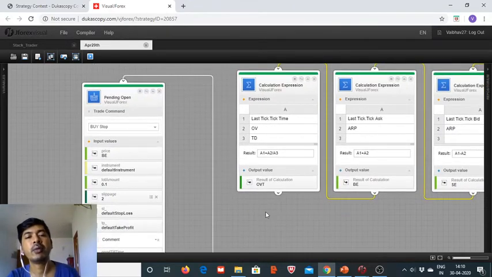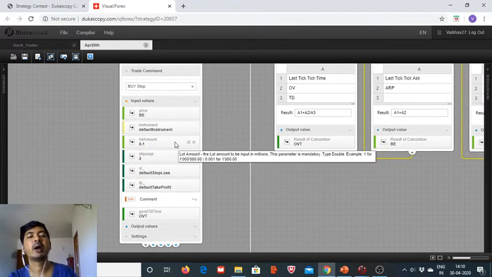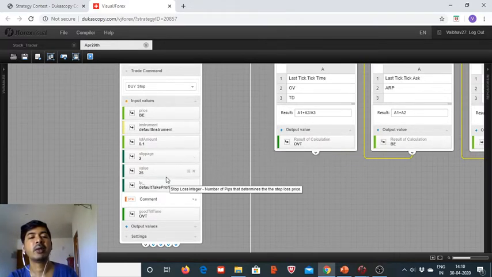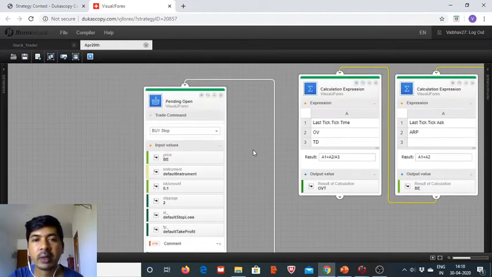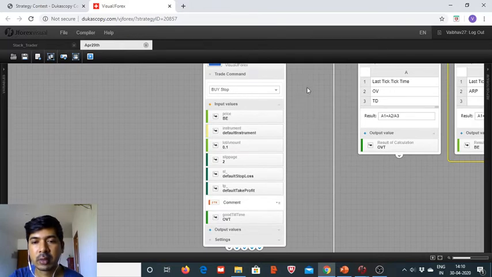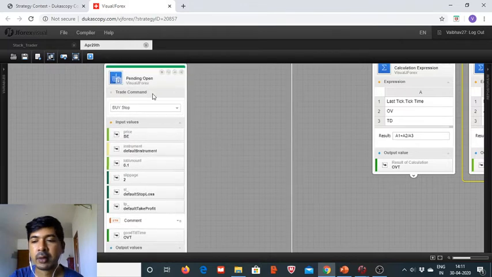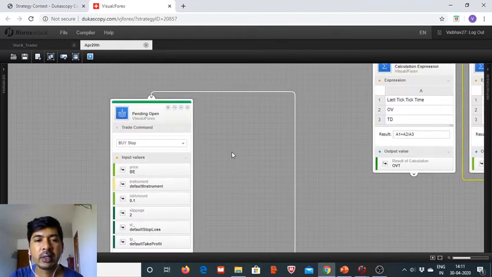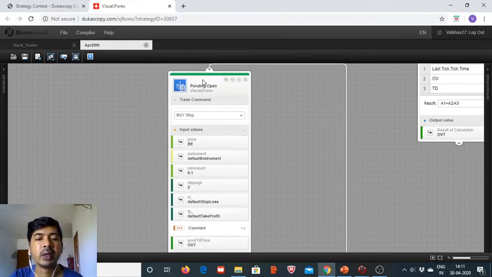Now we have defined the entry point, the amount, the slippage. We need to do two more calculations, and yes, we have some time. We just have a couple of minutes left, so I think we won't be able to finish fully.